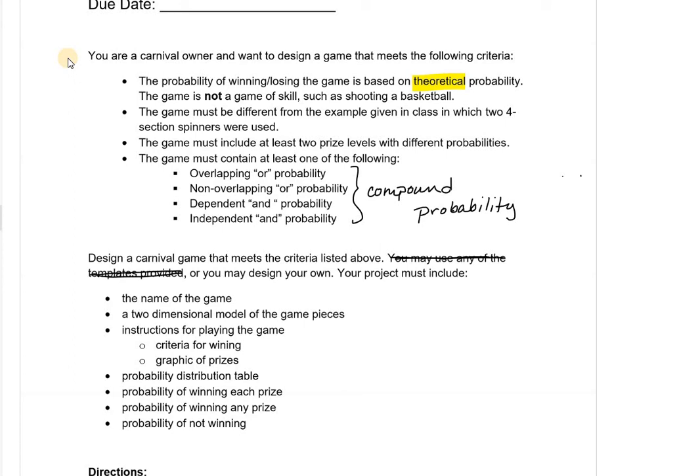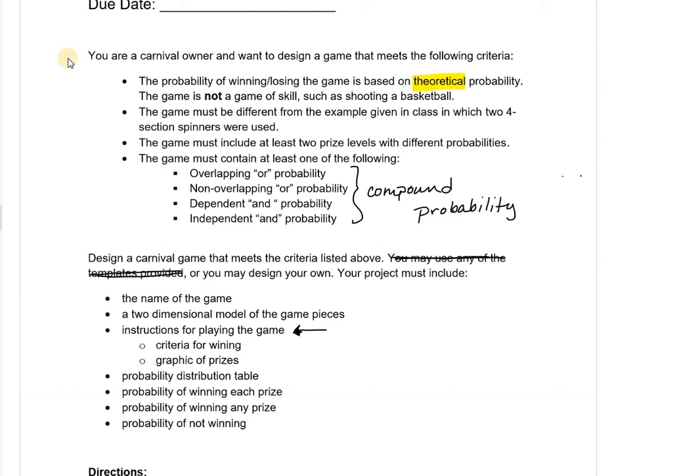Okay, your project needs to include the name of the game, a 2-dimensional model of the game pieces, instructions for playing the game, and right here, what you should do is get somebody in your family or a friend to read the instructions that you have written out to be sure that they understand exactly how you're going to play the game and the clear criteria for winning.